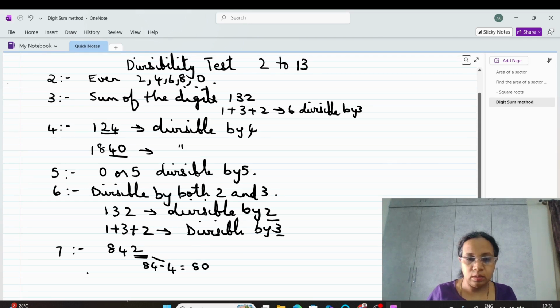You get 80. So this is not divisible by 7, therefore the number is not divisible by 7.